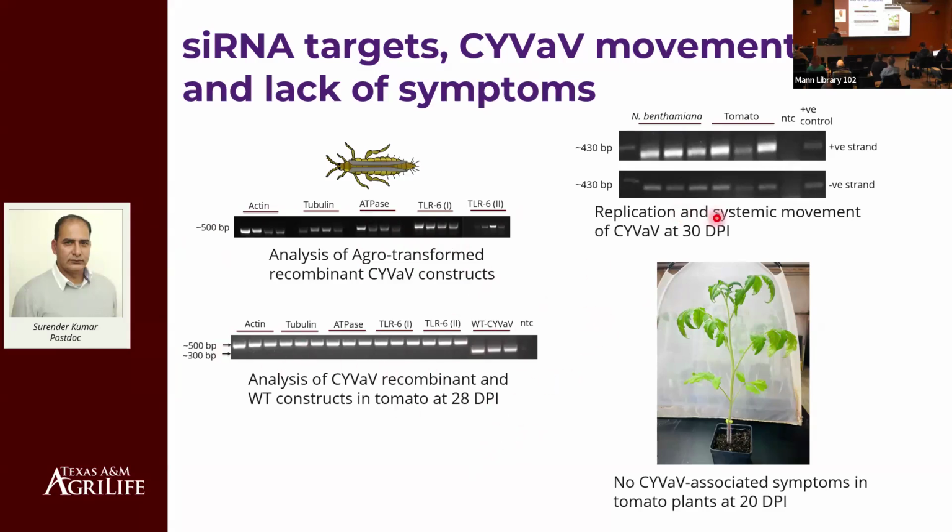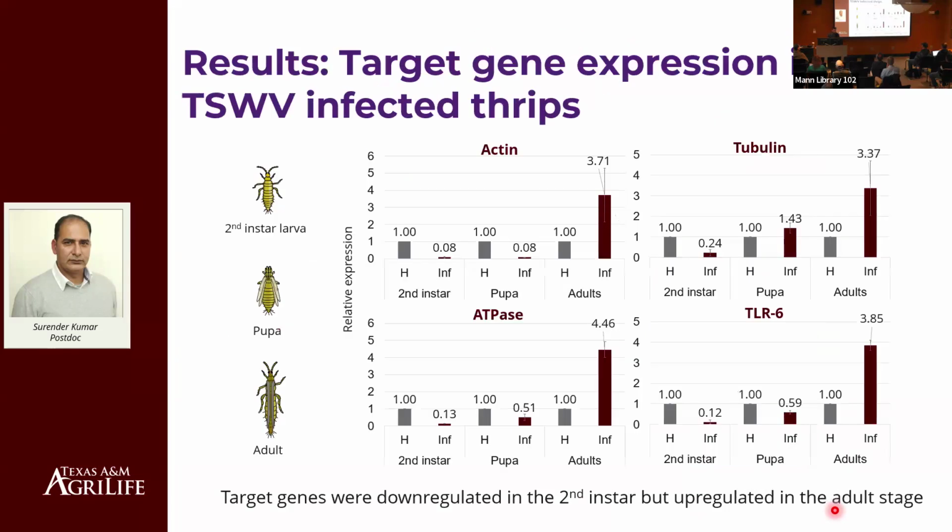We wanted to confirm the replication and systemic movement of CYVV at 30 days post-inoculation, which we can confirm with the negative strand DNA synthesis, and then obviously wanted to make sure that there are no horrible symptoms being produced by this vector backbone in tomato, which we did not see anything at 20 DPI. These are the regular checks we employ in our lab.